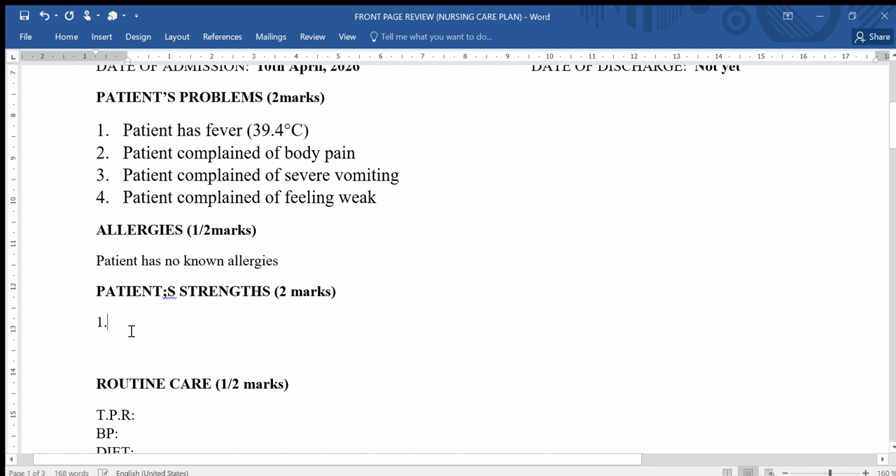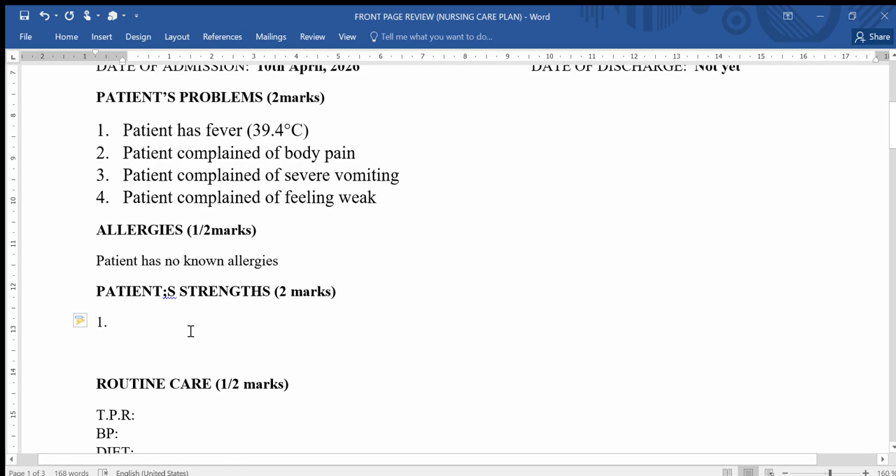And then a strength is that ability, that little ability that the patient has left in him, that resources, that behavior of a patient that will assist in taking care or solving the problem is what we refer to as what? A strength of a patient.